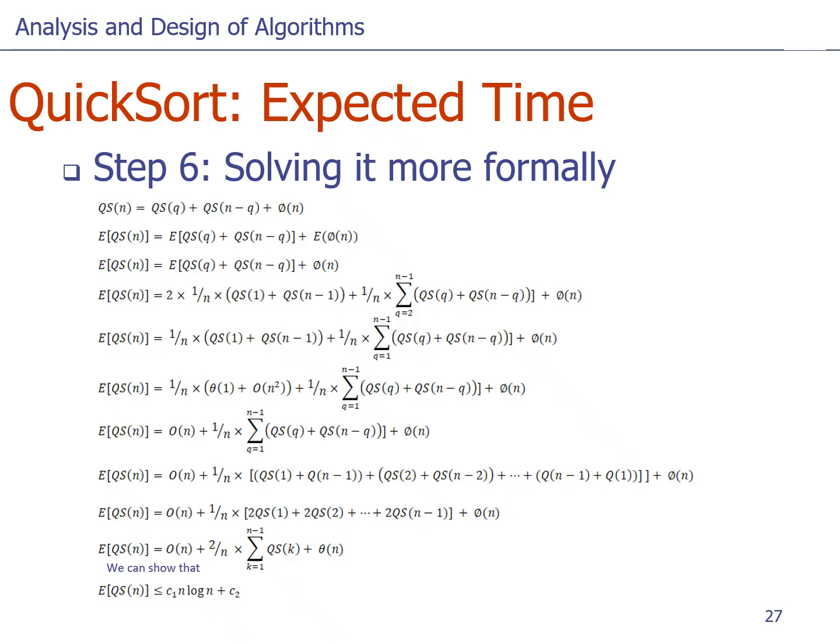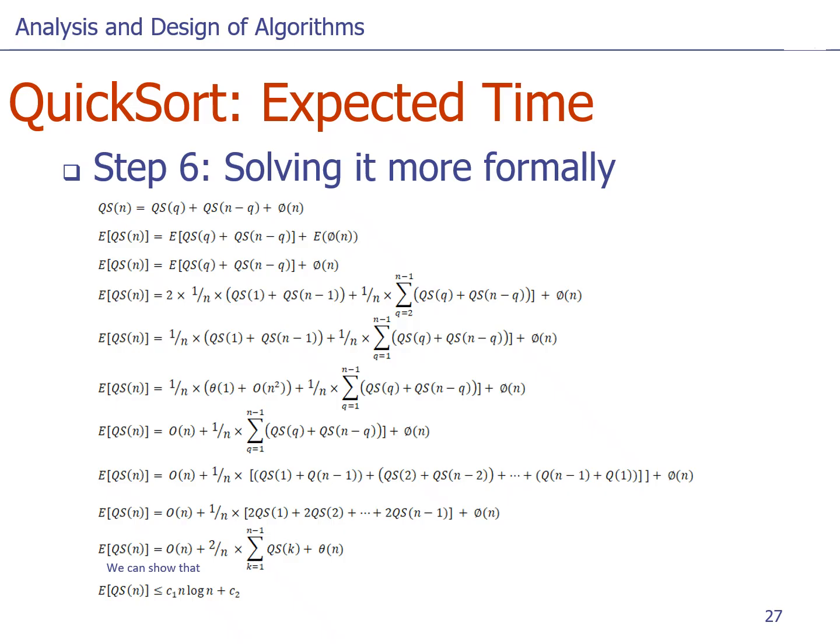Now, I will apply immediately the expected value notation. So the expected value of quicksort of n is the expected value of quicksort of q plus the quicksort of n minus q plus the expected value of theta of n. Theta of n is deterministic. There is no randomization there. So if you look at the third line, the expected value of theta of n became just theta of n because there is no randomization, okay? There are no different chances. You're going to pass through the elements from beginning to end, whether you like it or not.